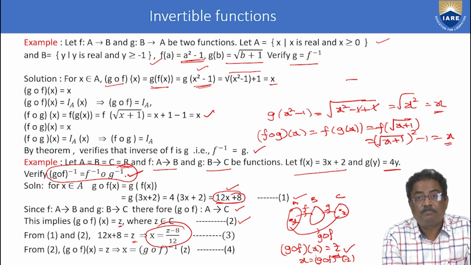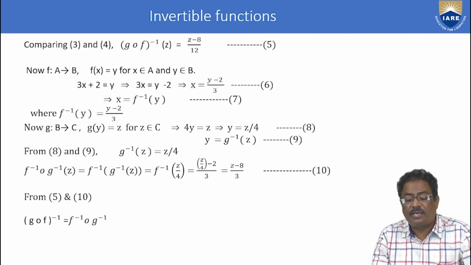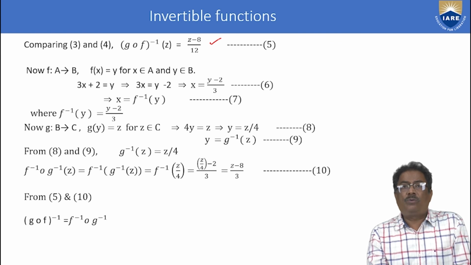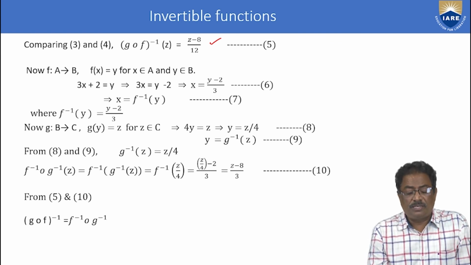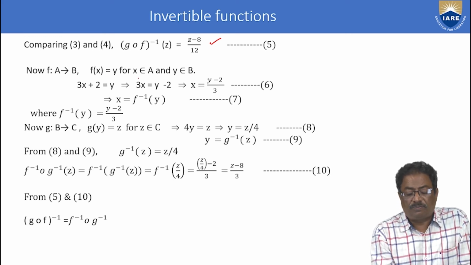Now the other one. Here it is given already. Now we are going to calculate what is f inverse and what is g inverse. After that, the product. So f inverse we have to calculate. For that, f of x is equal to y. What is f of x?